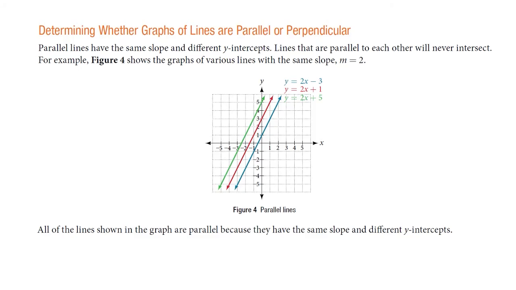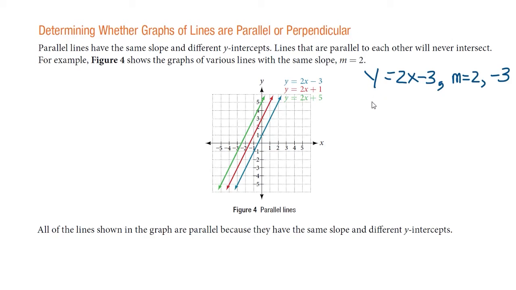The next idea is how to determine whether graphs of lines are parallel or perpendicular. Parallel lines have the same slope and different y-intercepts. So lines that are parallel to each other will never intersect. And here's an example. The blue line here is y equals 2x minus 3. So the slope here is 2 and the intercept is negative 3.